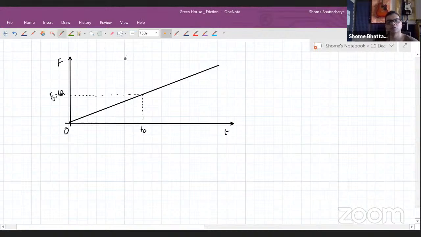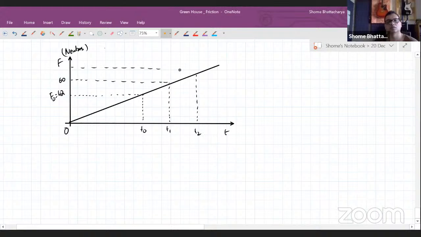Now let us talk about, suppose at some time t1, the force is reaching a value of 60 newtons. It's force in newtons. Okay. And at some time t2, it's reaching a value of 80 newtons.